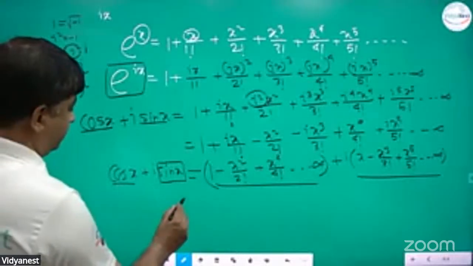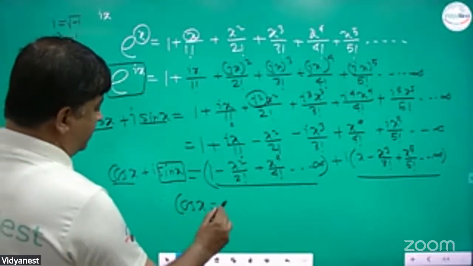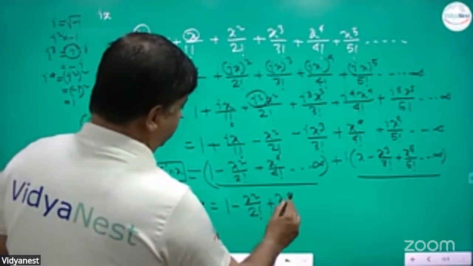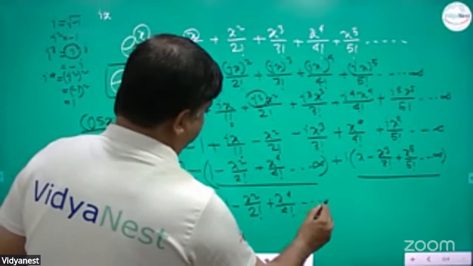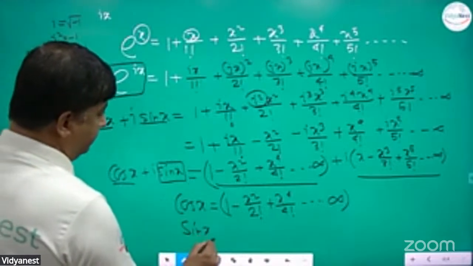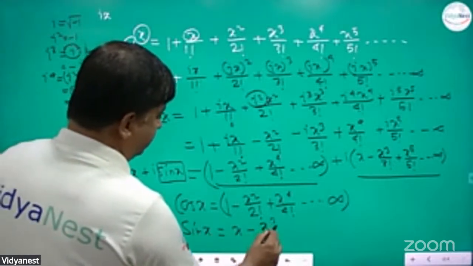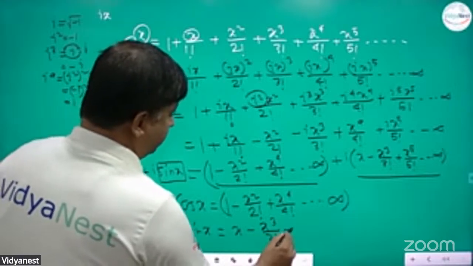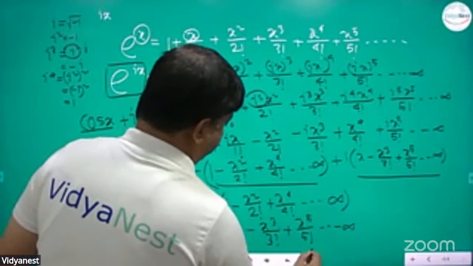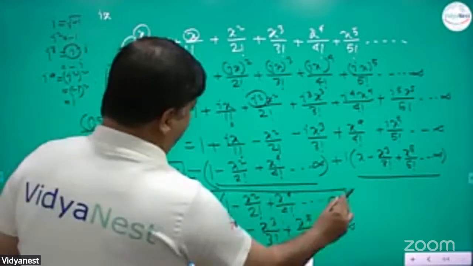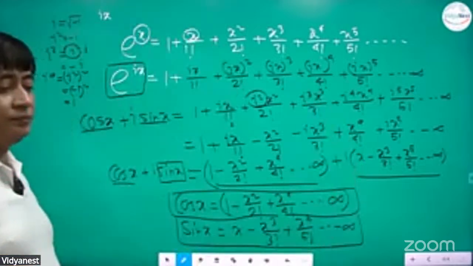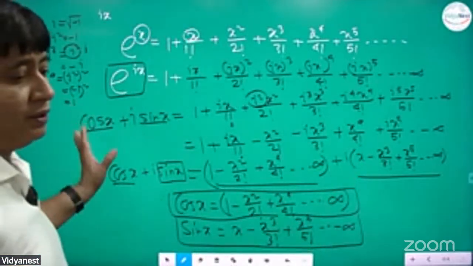So cos x is equal to, and sin x is equal to, so these two are the expansions of cos x and sin x. So from complex numbers we have got that.